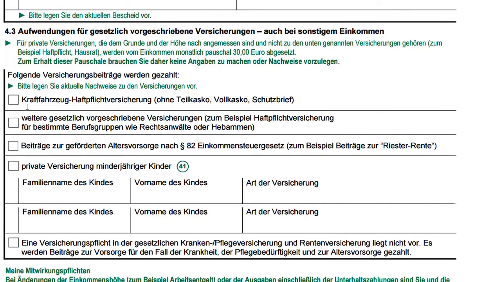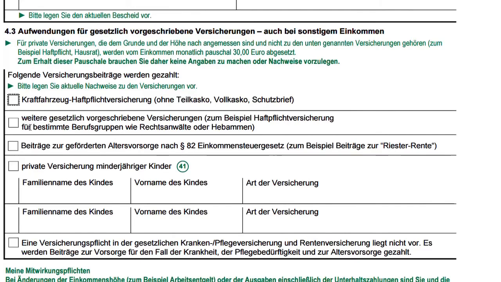If he or she has a motor vehicle liability insurance or Kraftfahrzeughaftpflichtversicherung without partial Kasko or ohne Teilkasko, fully comprehensive or full Kasko, Schutzbrief or cover letter, you mark here with a cross.